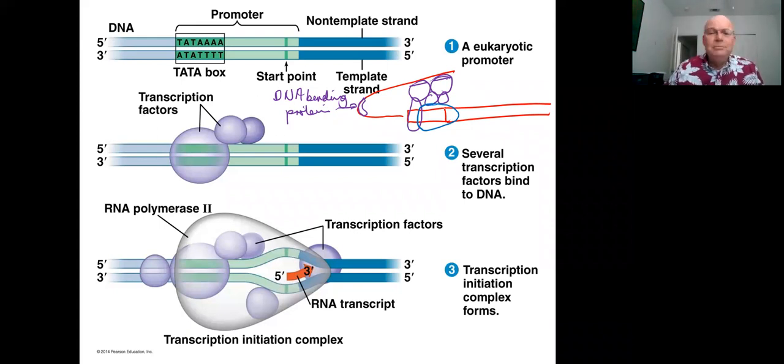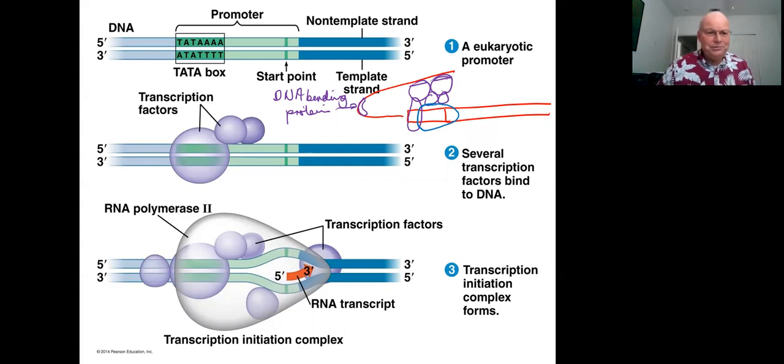So the reason why humans are so complex is not because we have a huge number of genes, it's because we can do so much more with the genes that we have because of these master control genes. And those master control genes are the transcription factors that are initiating the binding of the RNA polymerase to the promoter.